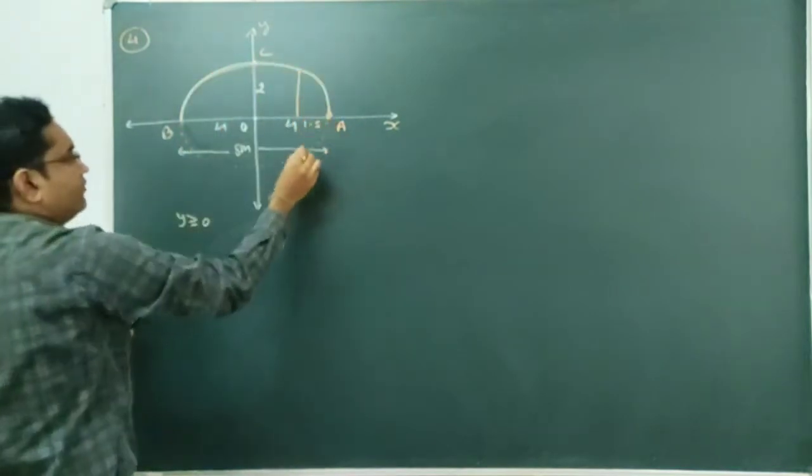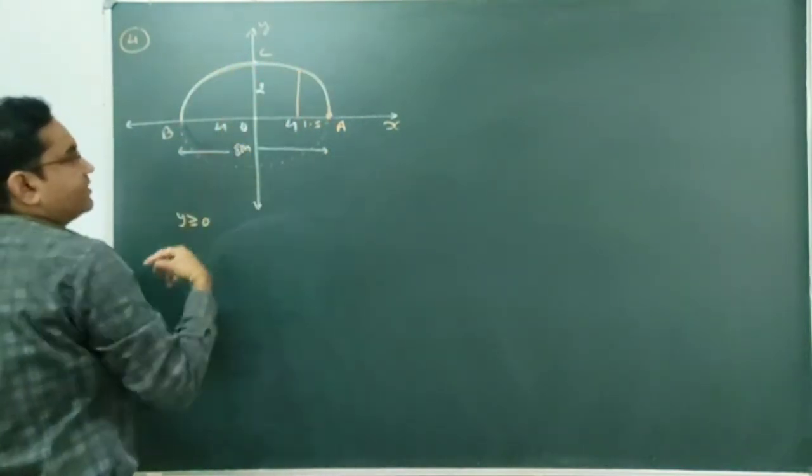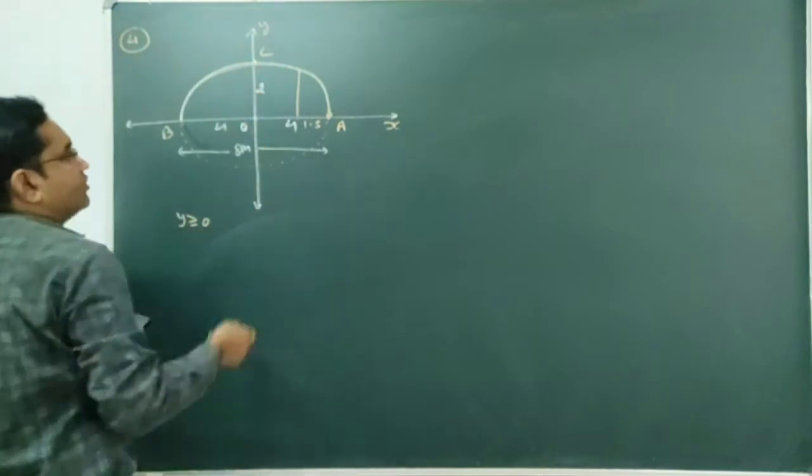This is an ellipse which is symmetrical about the y-axis as well as the x-axis. The height of the ellipse is given, which is 2 meter.